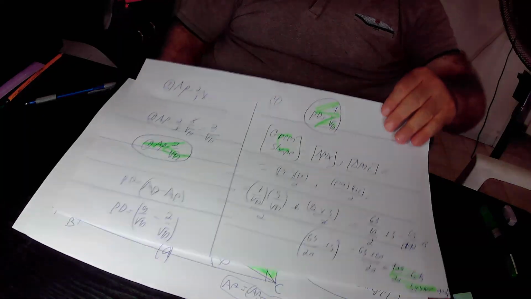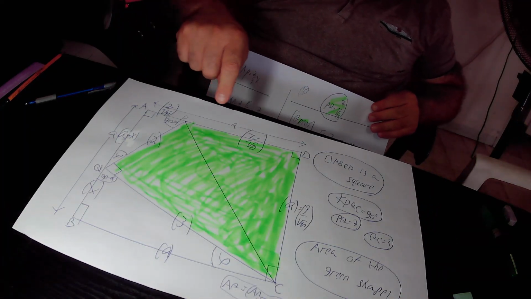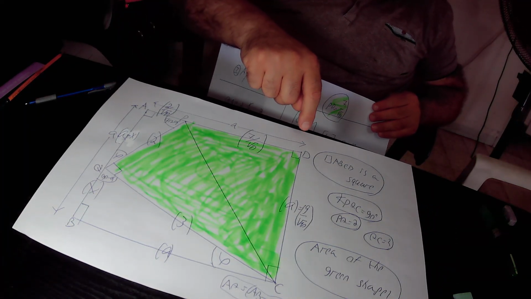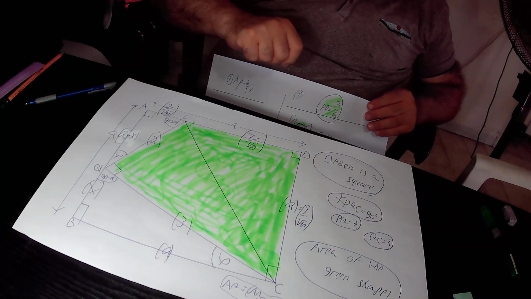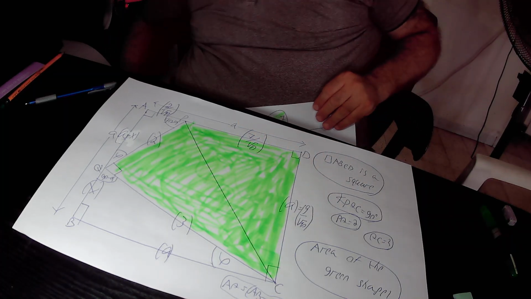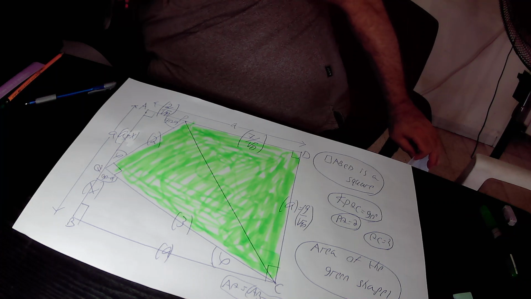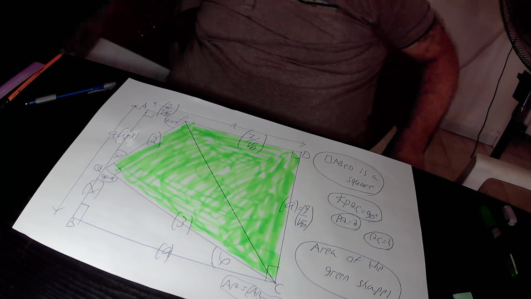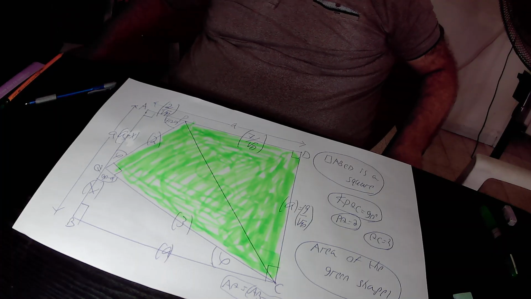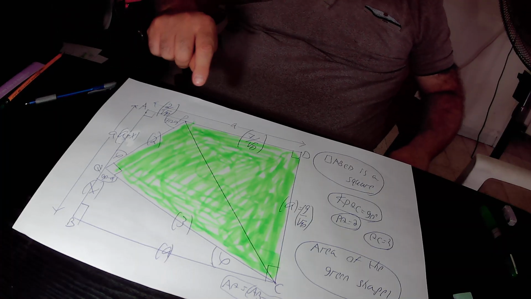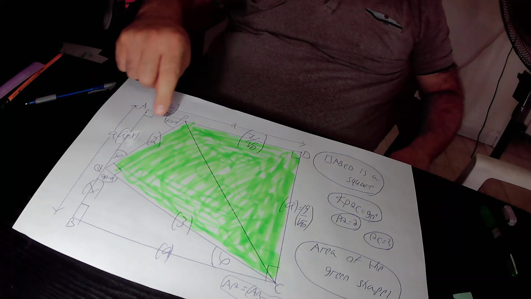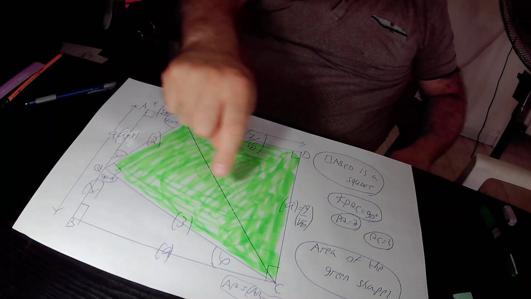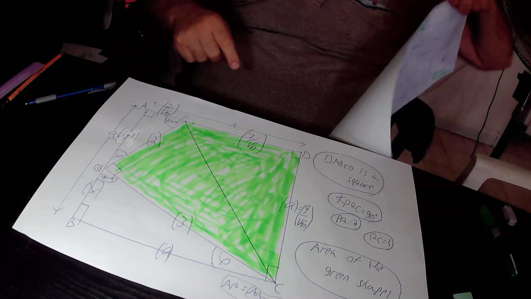The area of the right triangle PDC is equal to the base, that is PD, times the height, that is DC, over 2. The area of the right triangle PQC is equal to the base, that is PQ, times the height, that is QC, over 2.